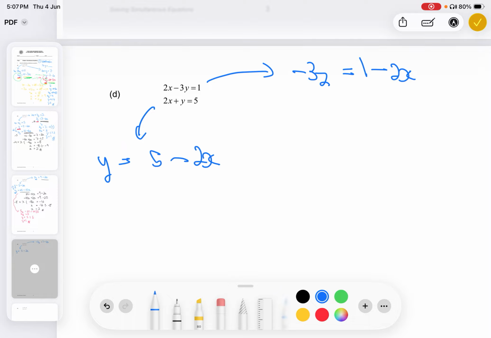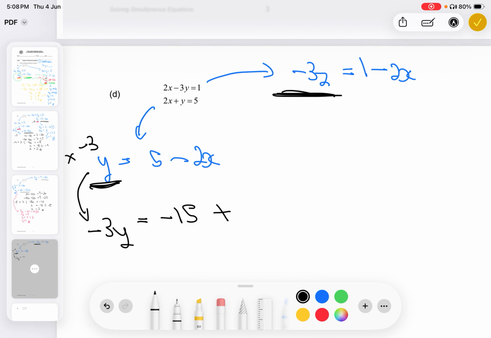So for this case, I see that this is negative 3. This is 1. So for this case, I multiply by negative 3. This becomes negative 3y. Then this becomes negative 15. This becomes plus 6x. So I multiply every term by negative 3.